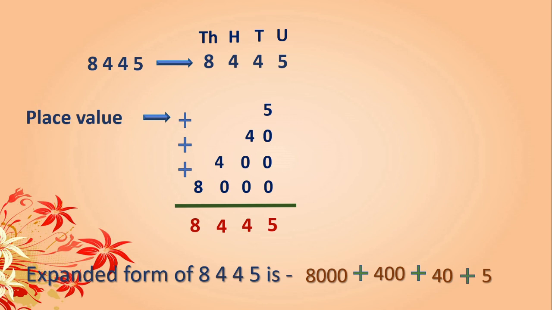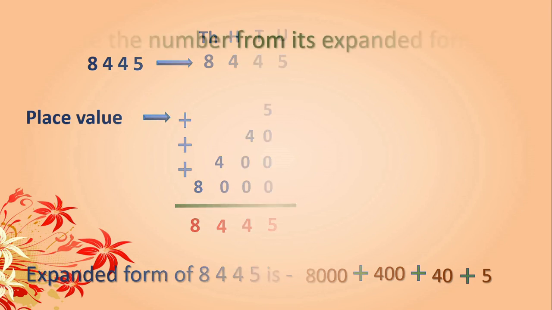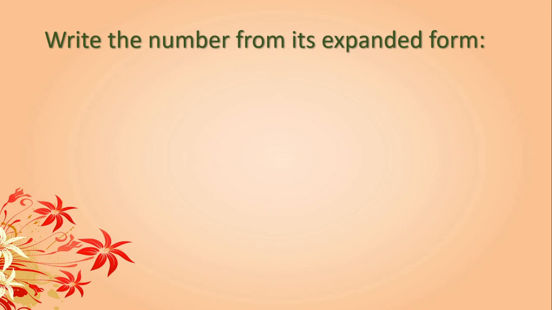Correct? If you have given this form, can you write the simple form of the expanded form? Yes? We'll see here. Write the number from its expanded form. See, dear children, expanded form is given here. We must write the simple form of the number.